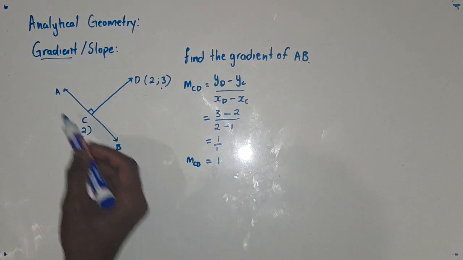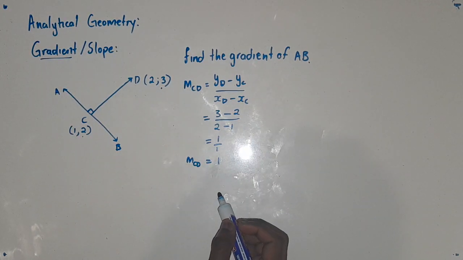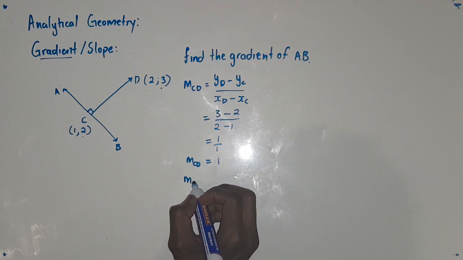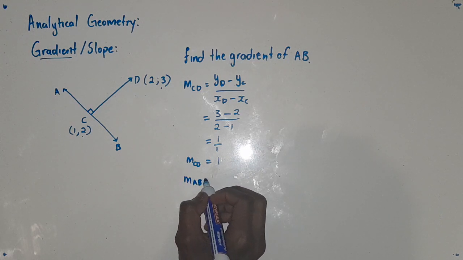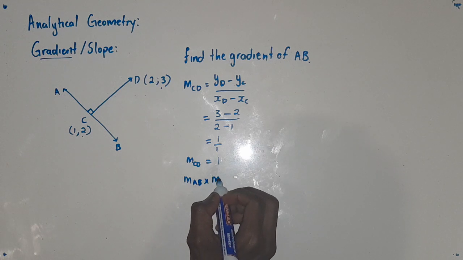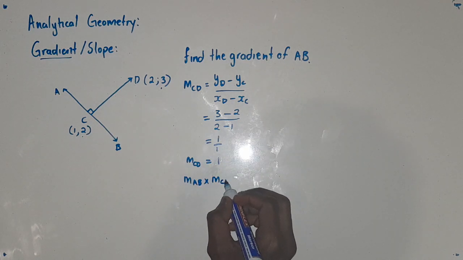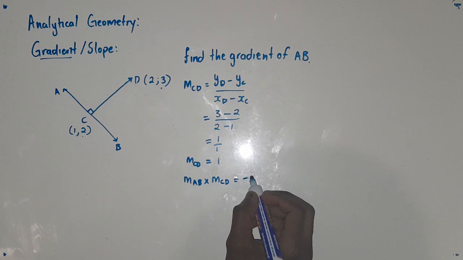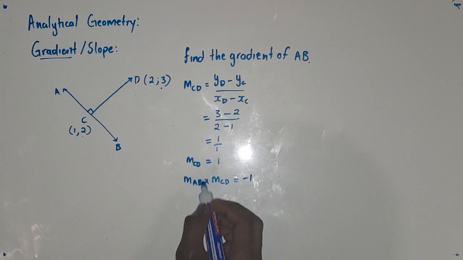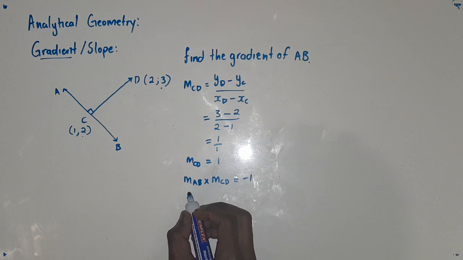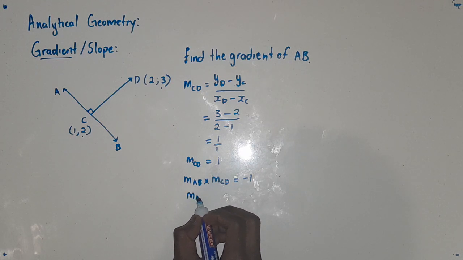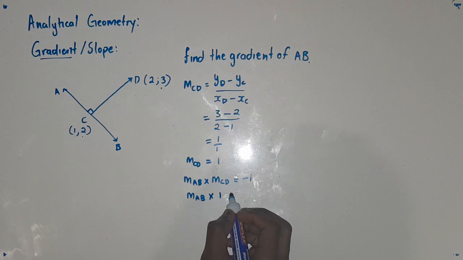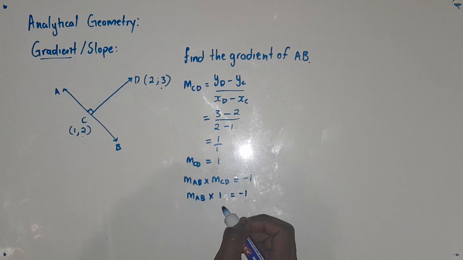Then in order for us to find the gradient of AB, we say the gradient of AB multiplied by the gradient of CD must give us -1. We know CD, which is 1.